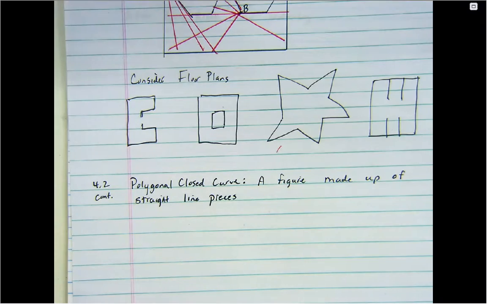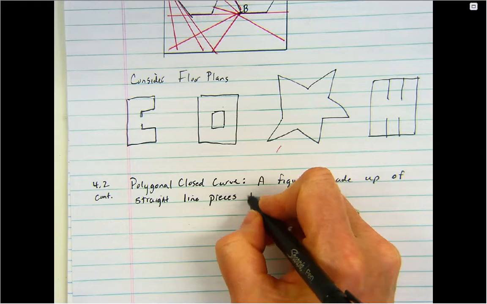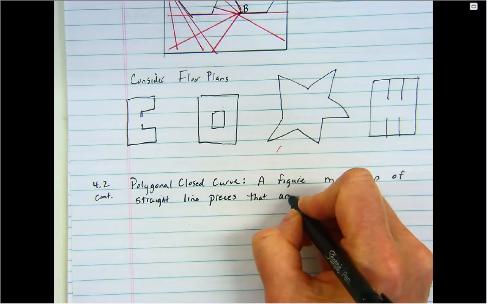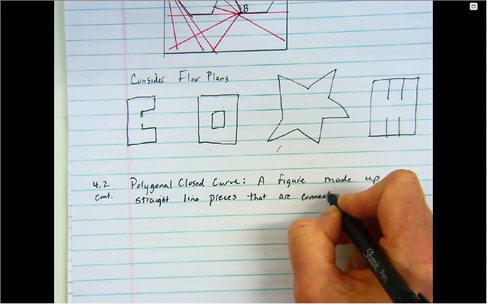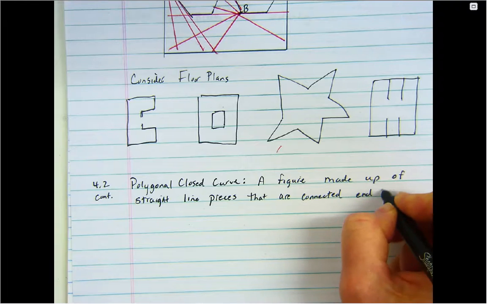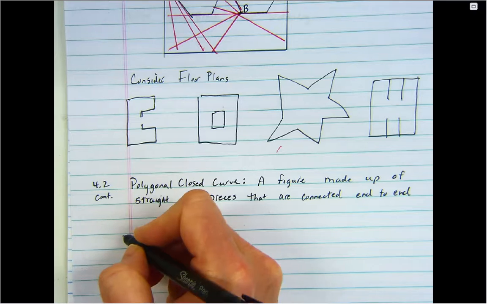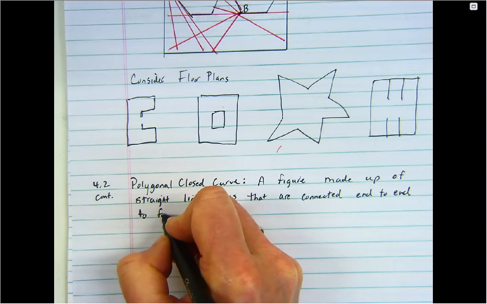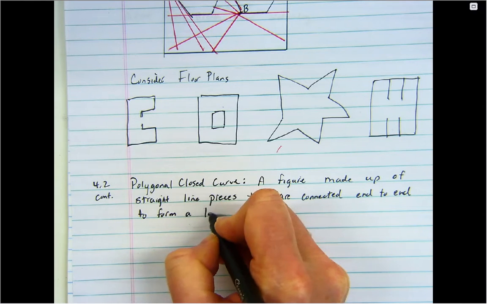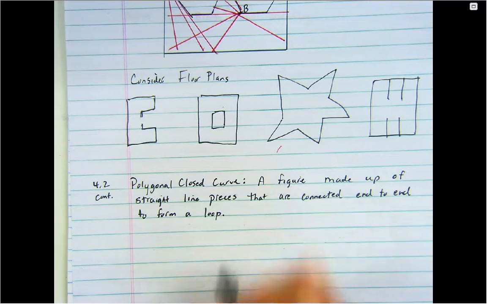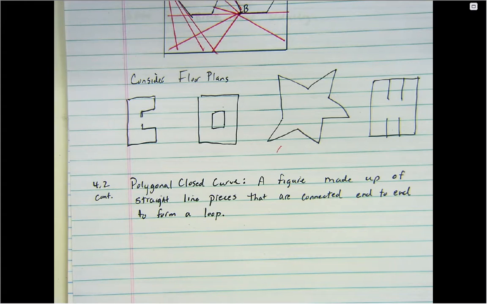We're going to have a figure made up of straight line pieces that are connected end to end to form a loop. So we need to take straight line pieces and connect them one end to another until they close up again.